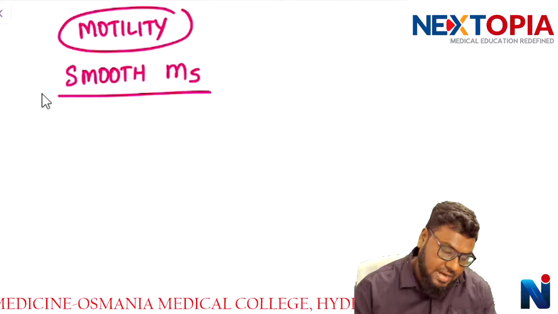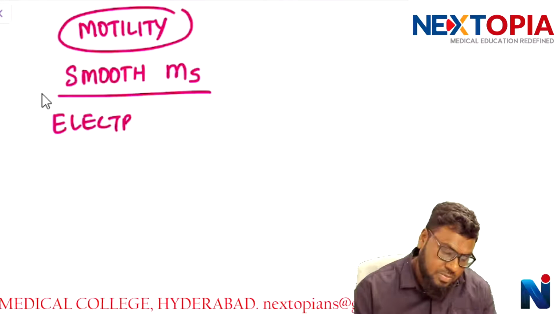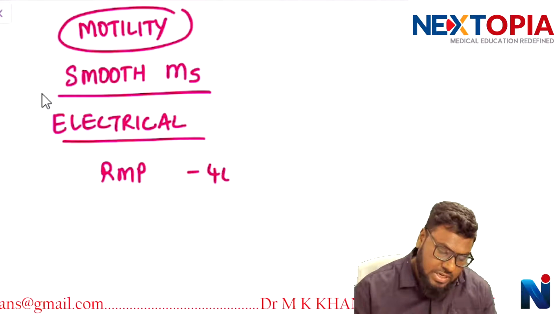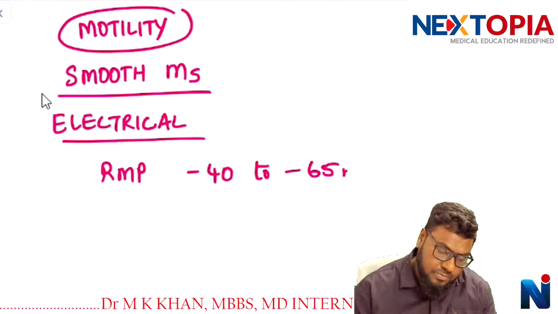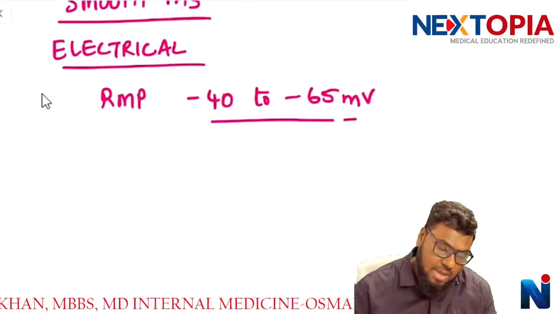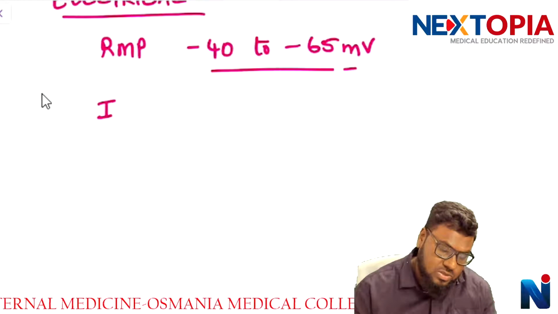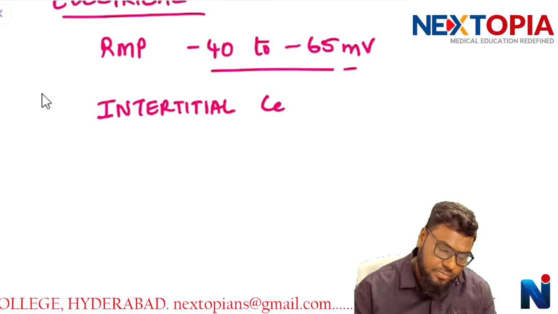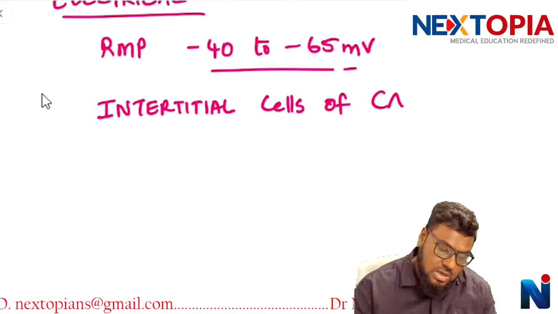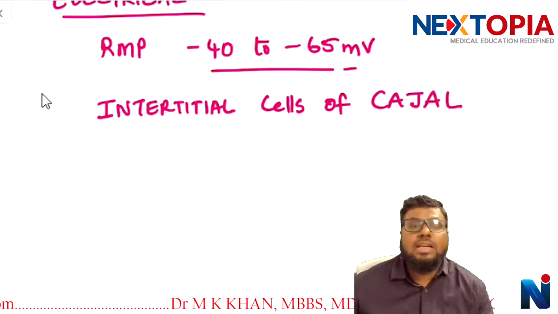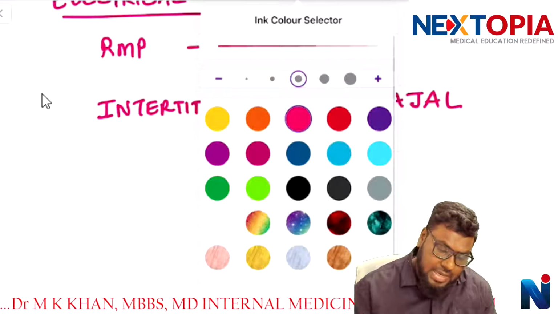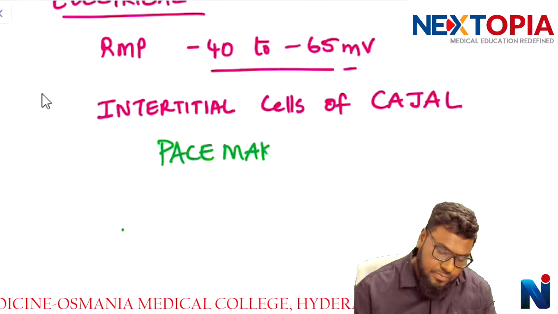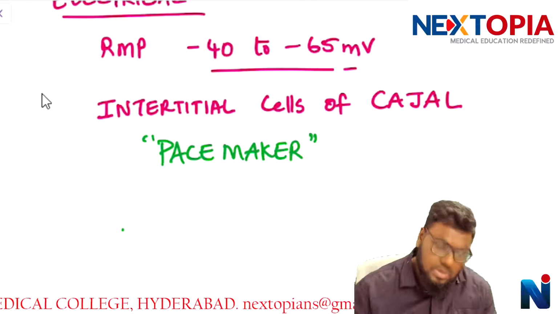First, we'll talk about the electrical activity of the smooth muscle. It is brought about by the resting membrane potential. From minus 40, it reaches minus 65 millivolts, near to depolarization. The interstitial cells of Cajal, please remember this, the J is silent here, act as the pacemakers of the GI tract.